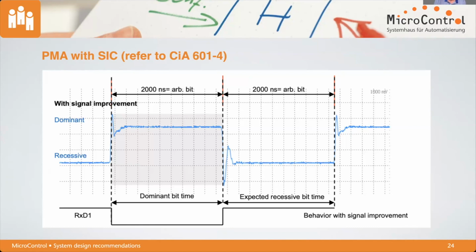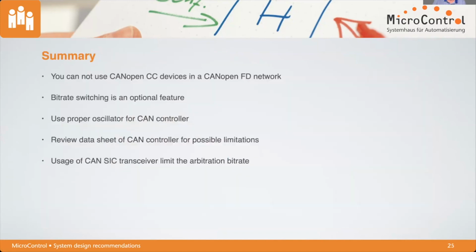We tested this with classical CAN transceivers, and it didn't work at all as expected. When we changed over to SiC transceivers, it worked perfectly. So it's worth thinking about SiC transceivers, but just keep in mind, again, there are still some limitations.